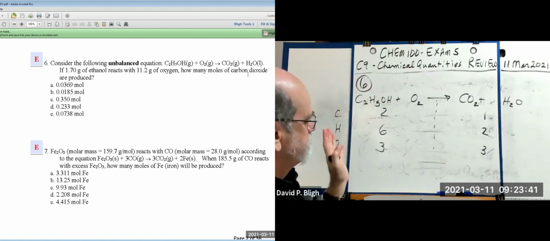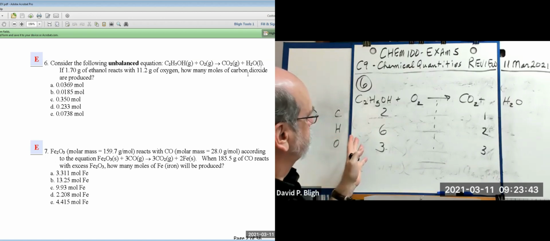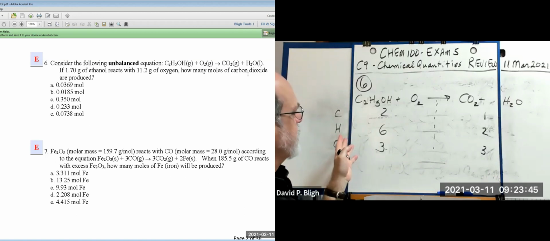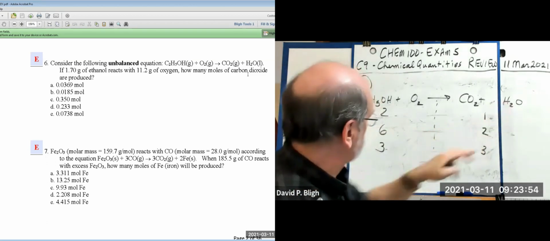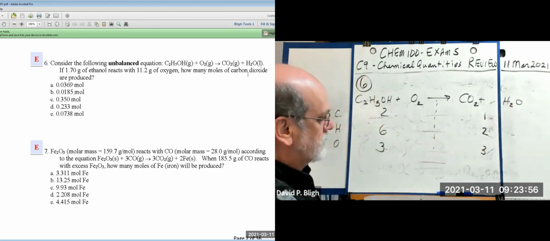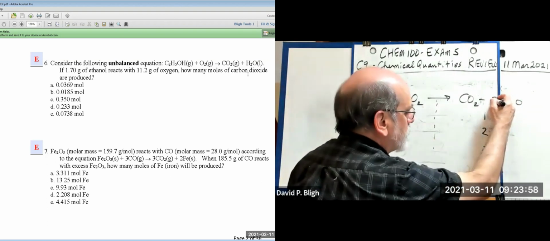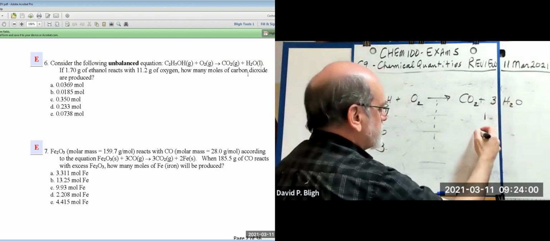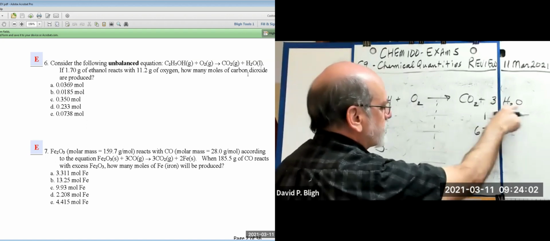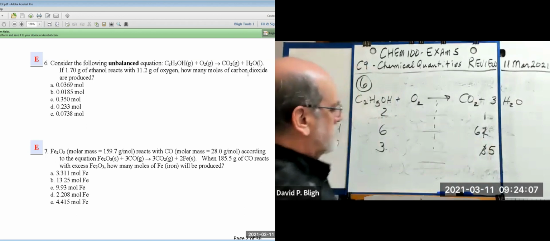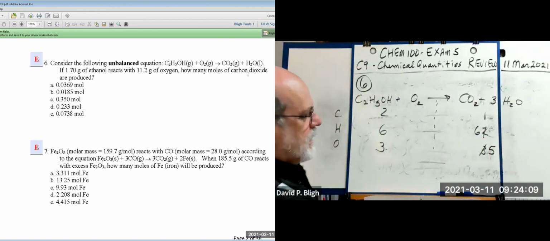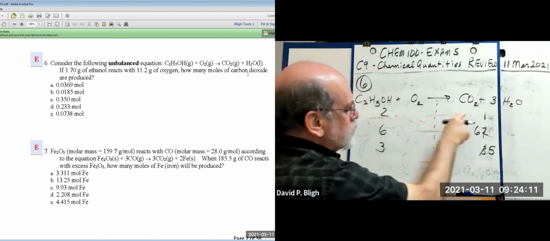Let's see. I don't see any advantage to starting someplace else. Since hydrogens occur here only and here only, we could do the hydrogens first. So we need 3 of these, which makes 6 hydrogen. But it also makes 5 oxygens. And we need 2 carbon.